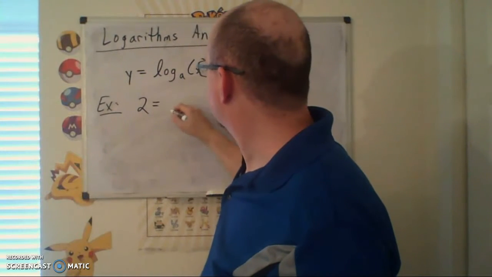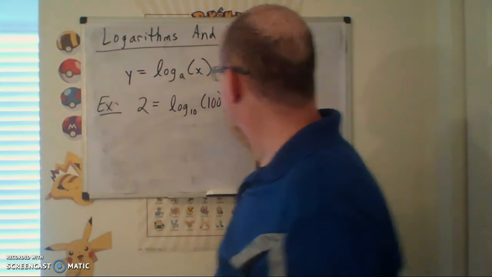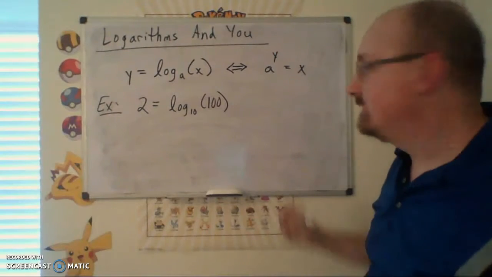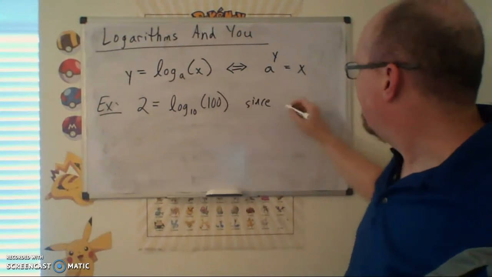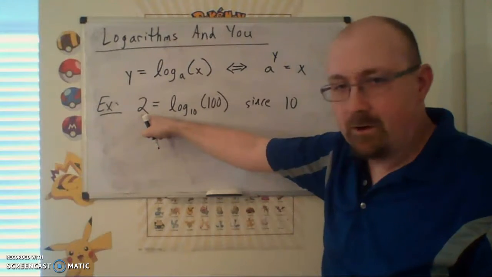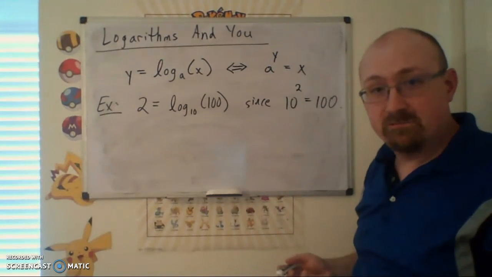So, for instance, 2 is the base 10 log of 100, because we take our base 10 and raise it to the power 2, and we get 100.